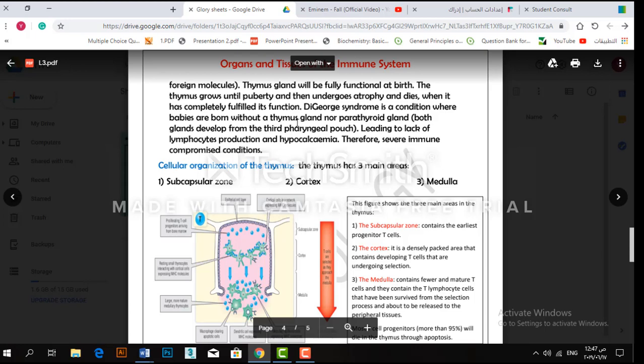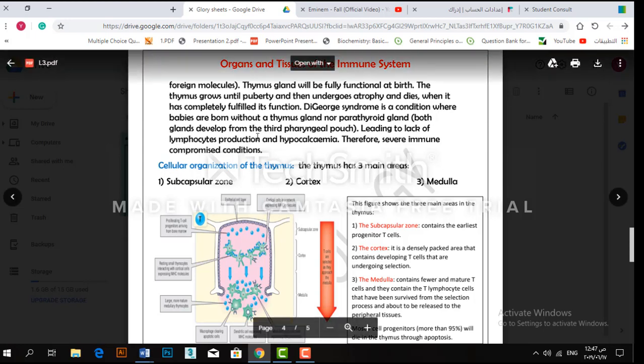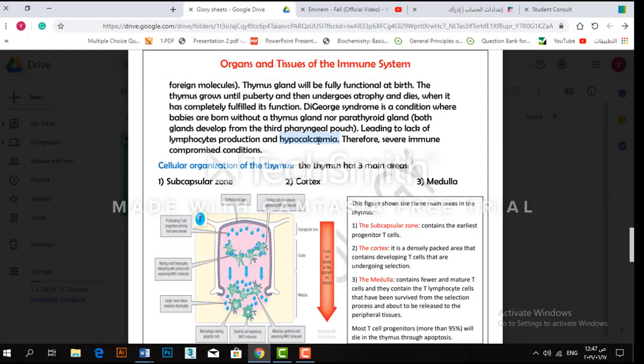Now we have a disease called DiGeorge syndrome, which is a condition where babies are born without a thymus gland or parathyroid gland. Both glands develop from the third pharyngeal pouch, leading to the lack of lymphocyte production and hypocalcemia. It is important to know what will happen in DiGeorge syndrome.